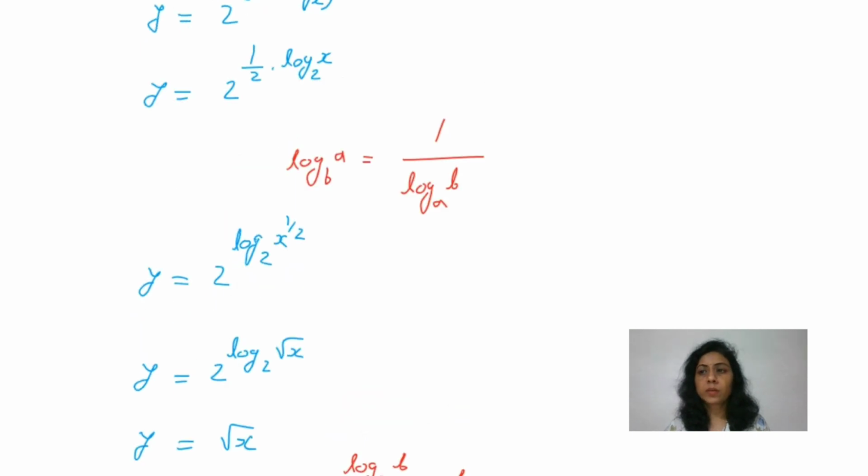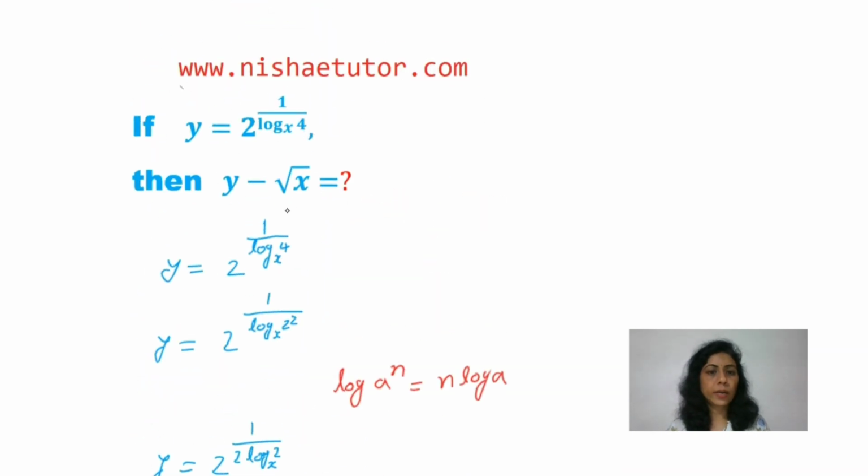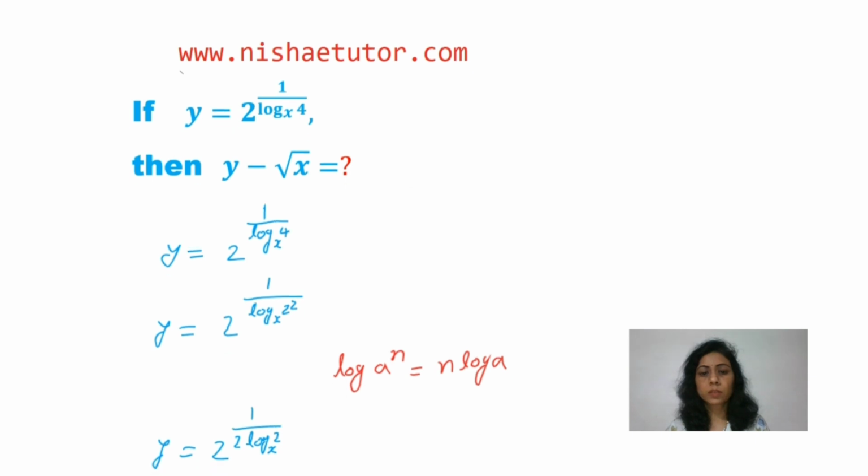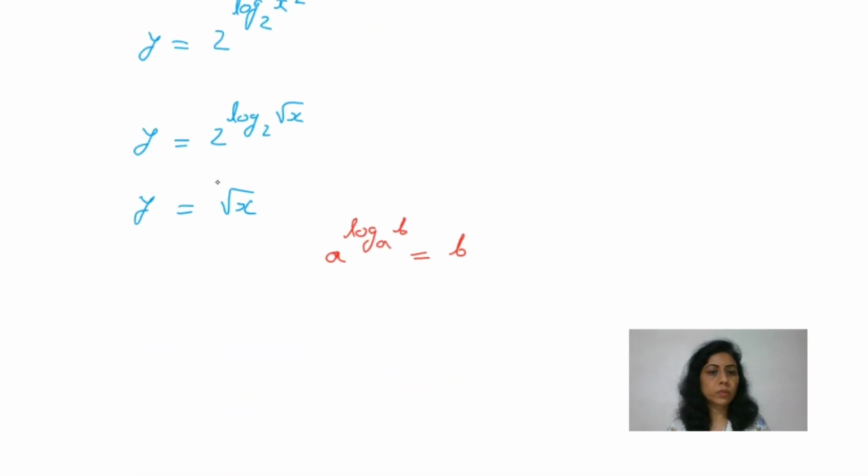But here we have to find y minus square root x. So square root x we can transfer to the left side, it will be negative, and we get 0. Or we can say subtract square root x from both sides. So this cancels and we get 0.